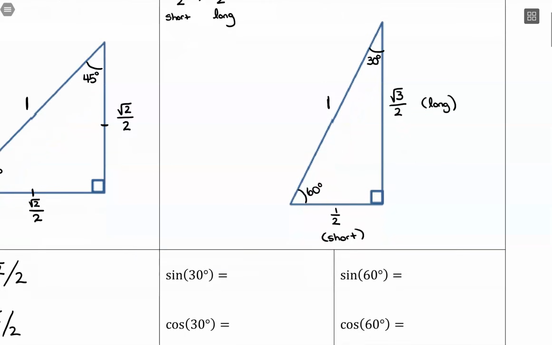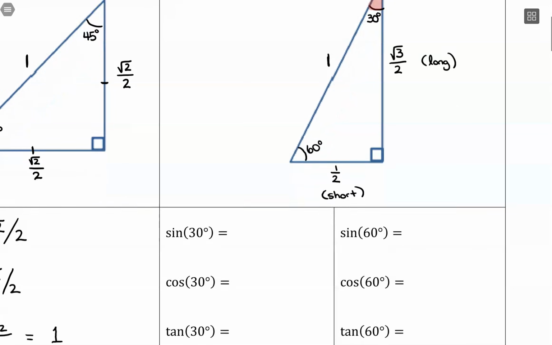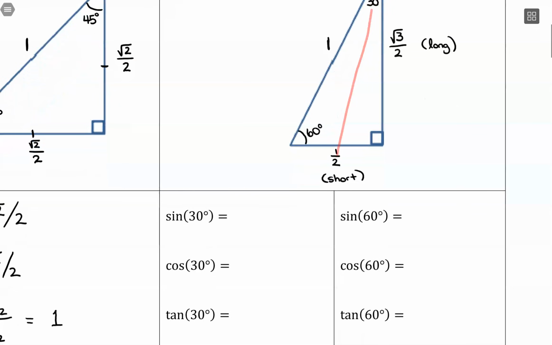All right, so let's focus on the 30-degree angle first. So let's say we're here at 30 degrees, which makes the 1/2 opposite. Root 3 over 2 is going to be adjacent, and then we have a hypotenuse of 1. So sine is opposite, which is the 1/2, divided by 1, which is just 1/2.